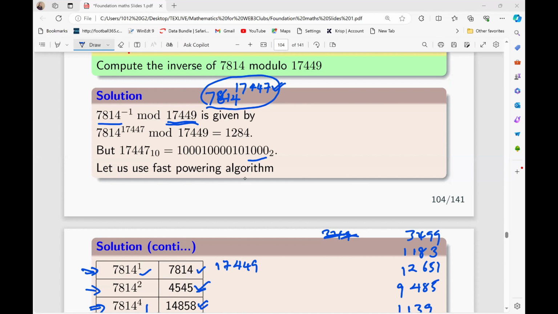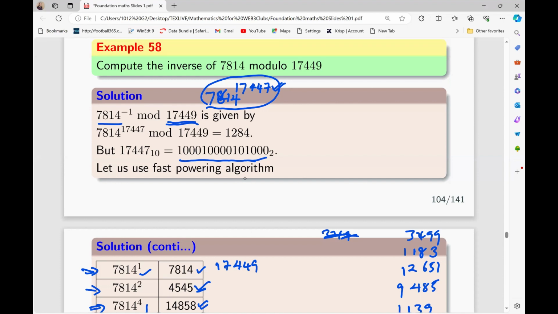Now, what does this number tell us? The ones which we're going to combine are only those which have ones. 1, 2, 3. We combine the fourth one. Then we skip 1. Combine the sixth one. Then we skip 1, 2, 3, 4. Then combine this.